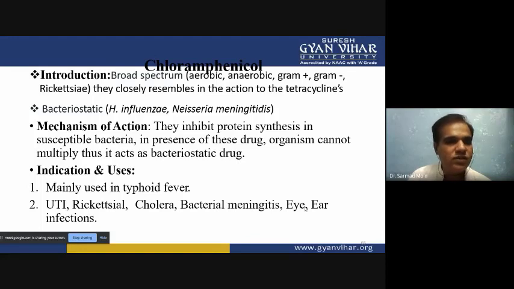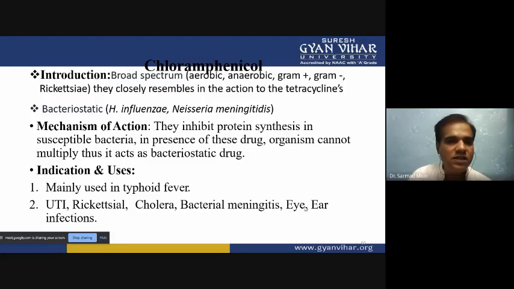It is also bacteriostatic like tetracycline, with particular effect on Haemophilus influenzae and Neisseria meningitidis. It will not allow the bacteria to grow and develop, just control their population. Slowly the bacterial population will decrease, and it will slowly remove the infection.